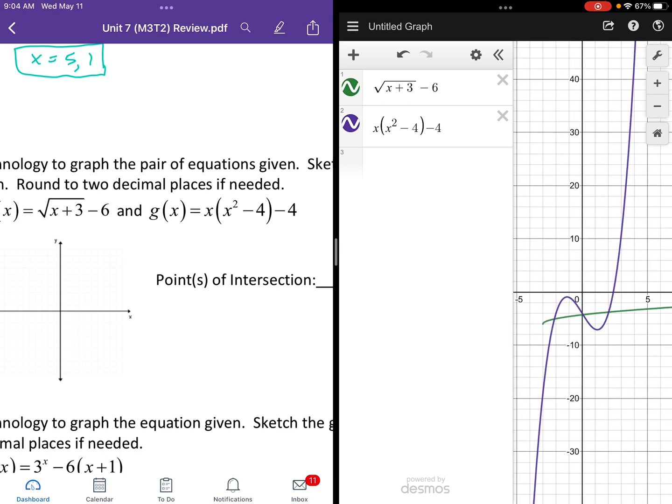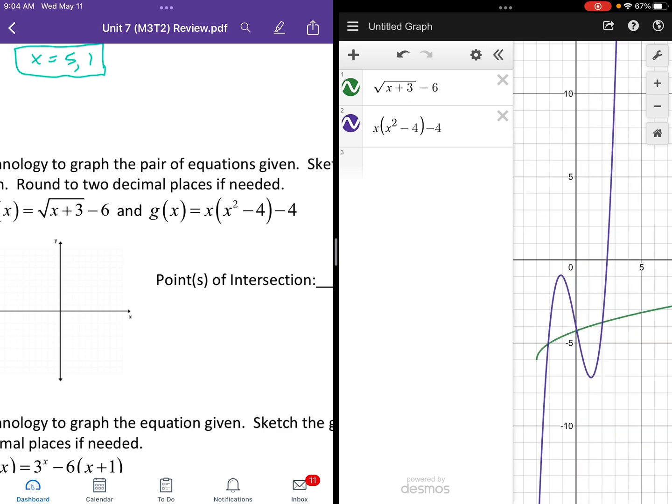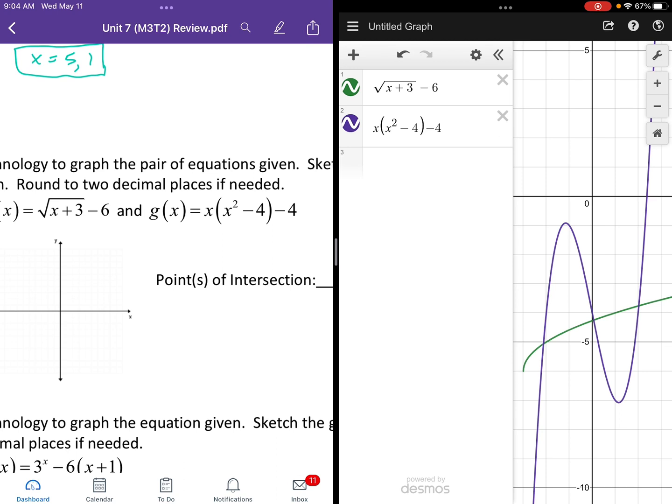Let's make it big. Okay, so there's the 2 graphs. The green graph is the equation on the top. The purple graph is the one that's all squiggly. And we want to find the points of intersection.